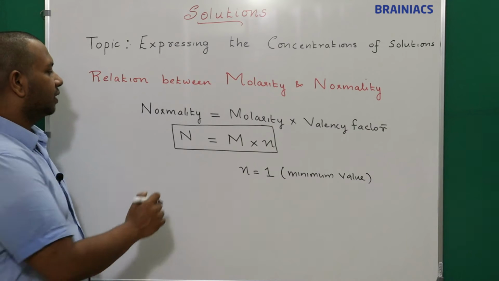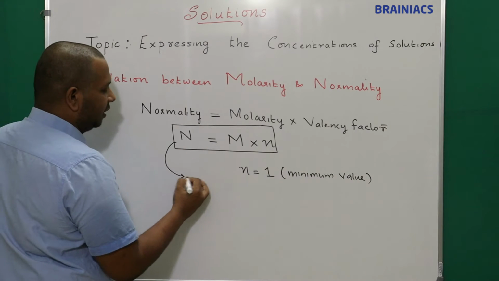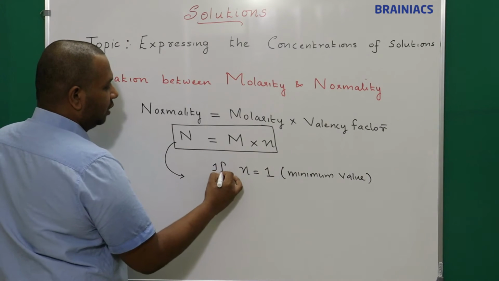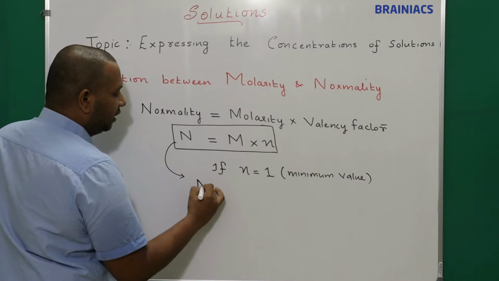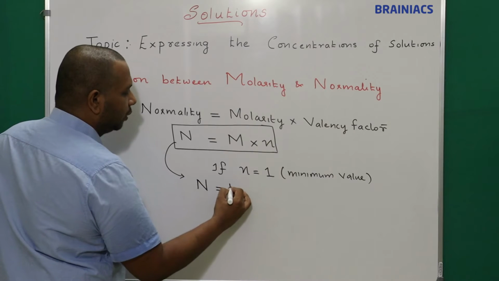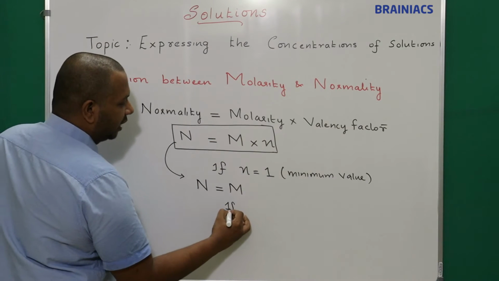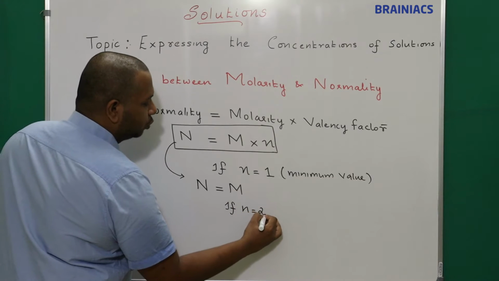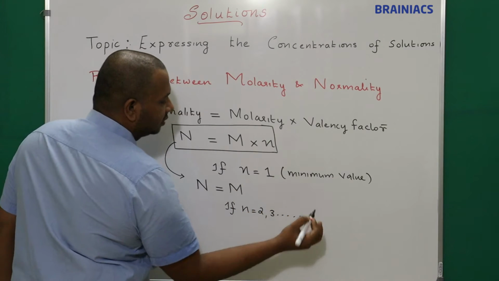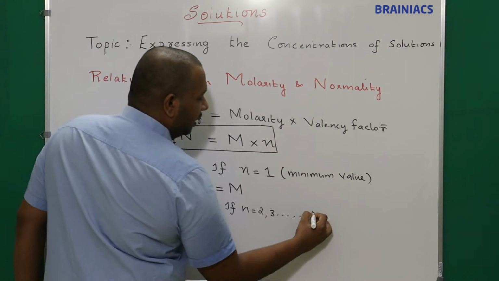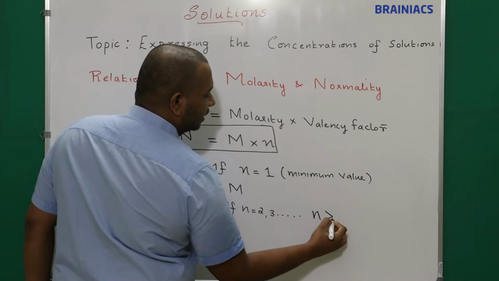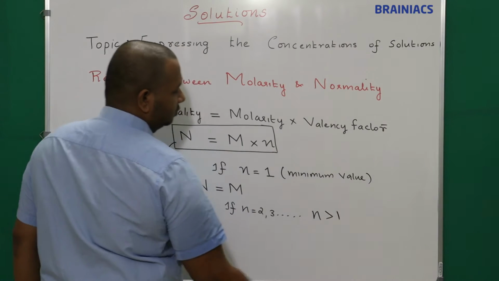How can this equation be written if n is equal to 1? If n is equal to 1, N will be equal to M. Now think about the second situation where n can be 2 or 3, that means n has a value greater than 1.